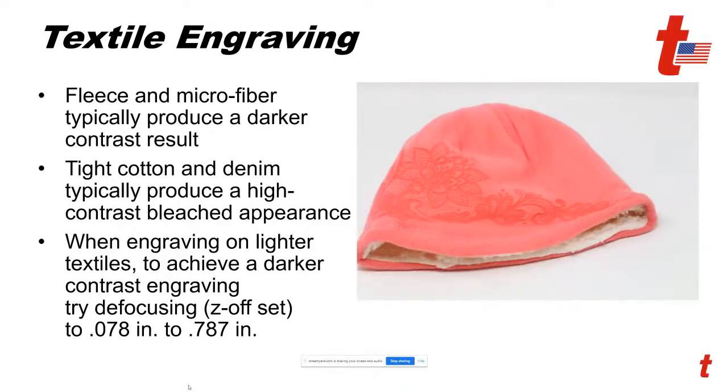Tight cotton and denim also produce high contrast and a bleached appearance, depending on the color. So you have to be careful on denim sometimes. Black denim can sometimes absorb too much of the laser beam and it won't work as well, whereas blue jeans and blue denim work exceptionally well, which we'll show you some examples of later. So it can be not only the type of material, but also the dye that's been applied to the fabric.